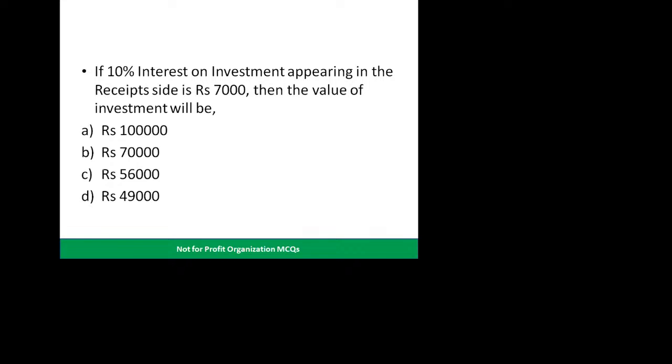Calculate the value of investment. They have given you the interest percentage, so you have to find the value of investments.